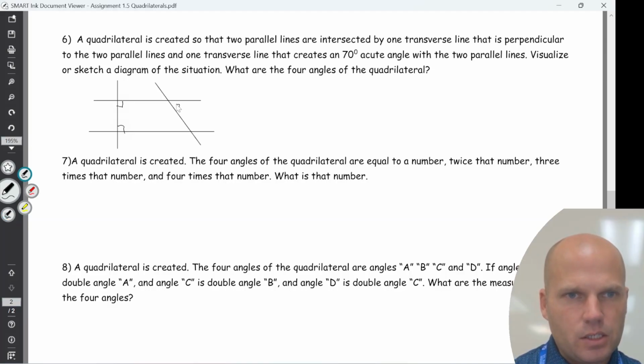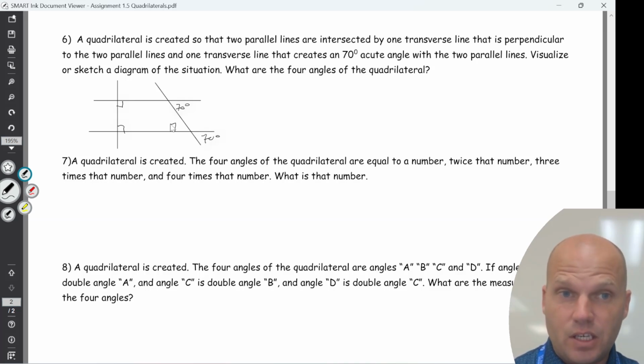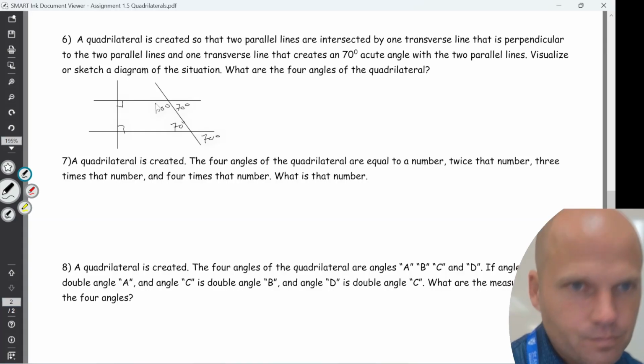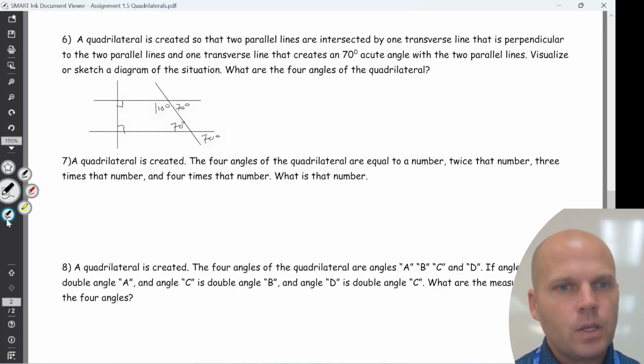Visualize or sketch the diagram. What are the four angles of the quadrilateral? Well, I'll have 90, 90. I'll have a 70, and then I must have the supplementary angle 110. Okay, that's good. So two 90s, a 70, and a 110.